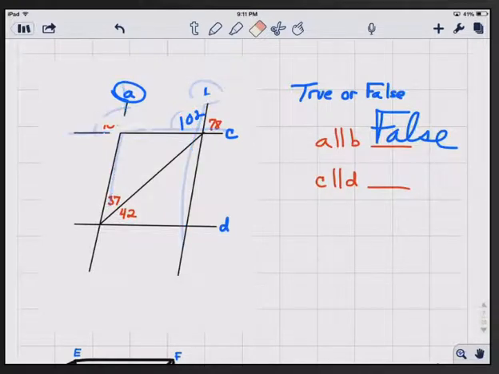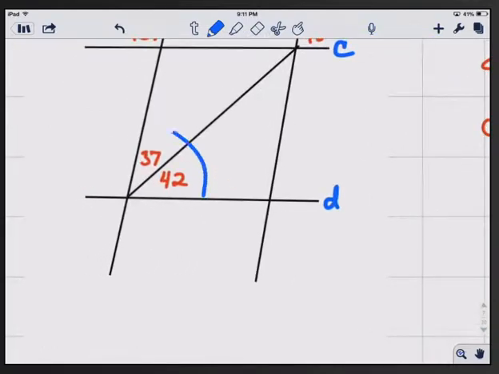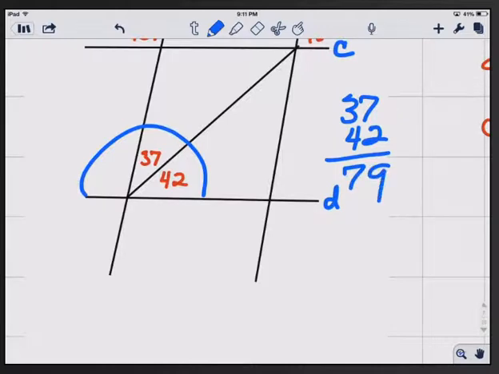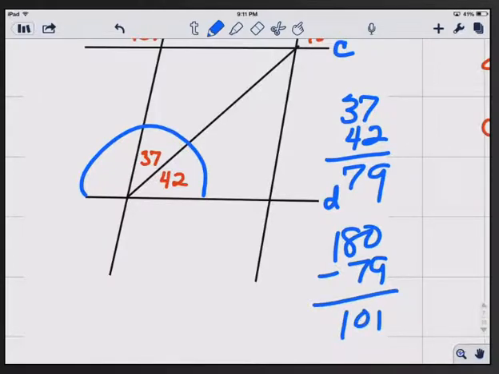The second statement. Looking at the bottom part of the diagram, I can see that these three angles add to equal 180. The first two angles, 37 and 42, add to equal 79. 79 subtracted from 180 equals 101. So this angle is 101.